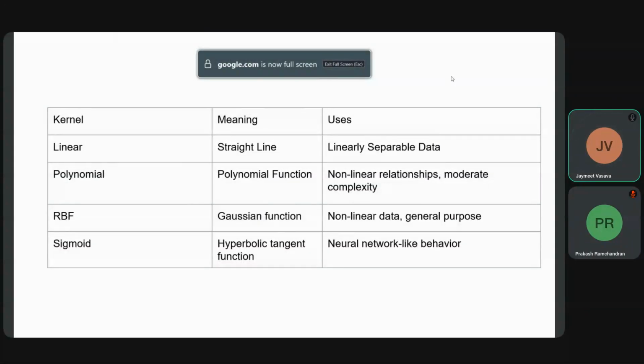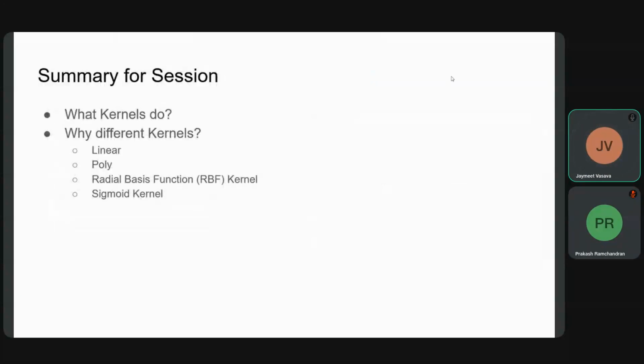So continuing, today we discussed what kernels are. First we started with a small recap of SVM, then we discussed a bit about linearly separable and non-linearly separable data. For linearly separable, we used the linear kernel. Then for non-linearly separable, poly, RBF, and sigmoid kernels.